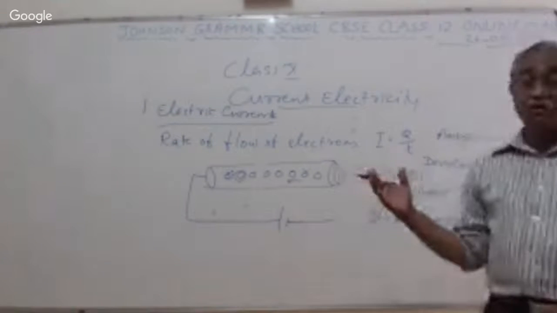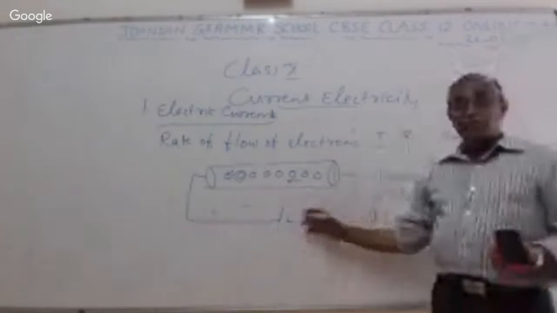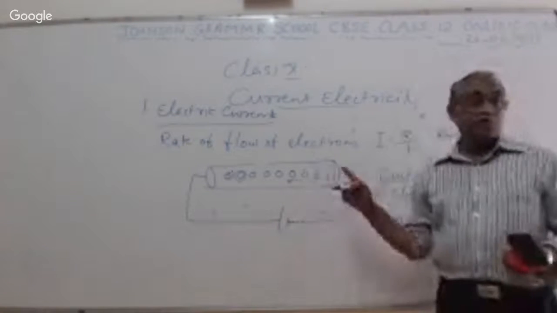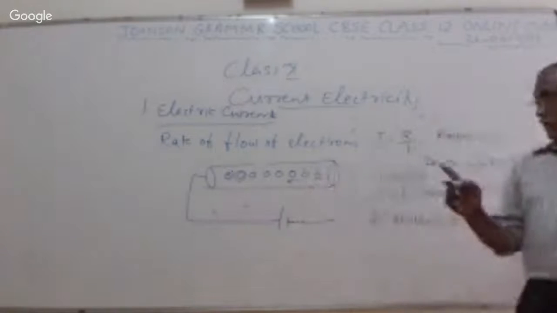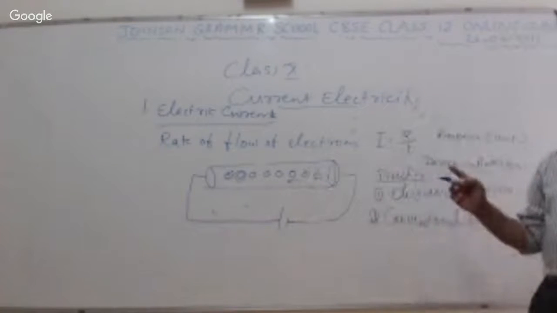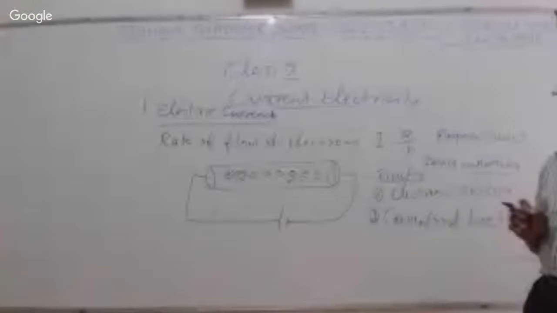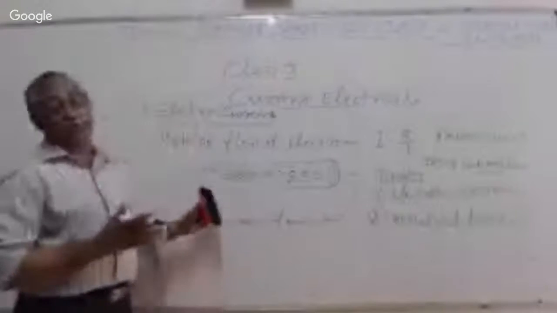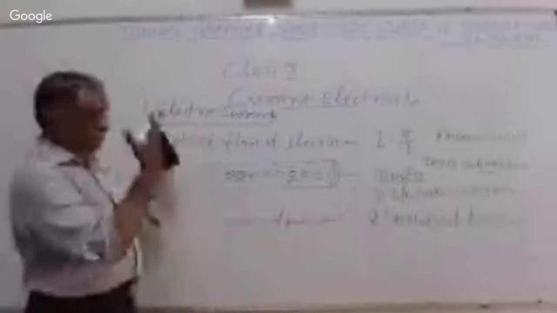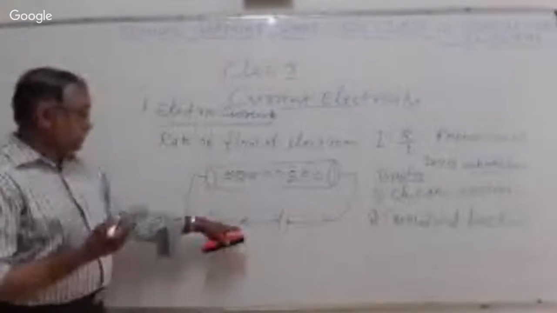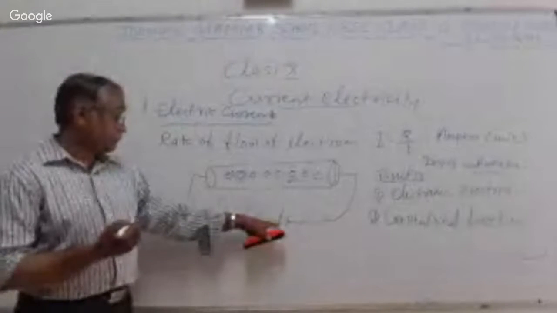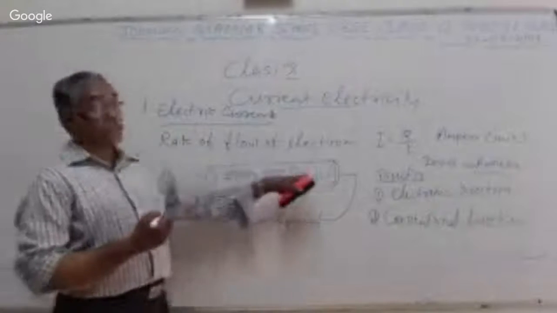Positive charge is not flowing, only electrons are flowing, so we say opposite to the flow of electrons. The direction against the flow of electrons is what we call the conventional direction. The direction of current will always be from the positive terminal to the negative terminal. This is the convention we have followed for a long time, from the start of the invention of current.